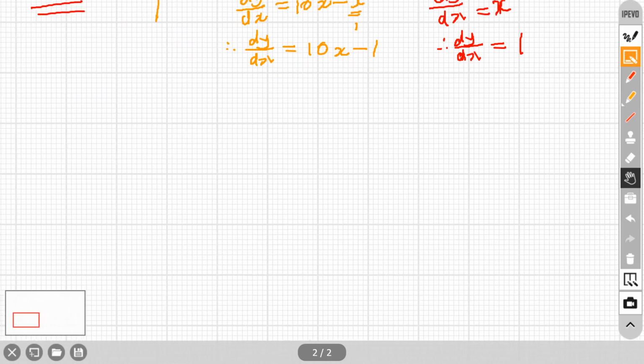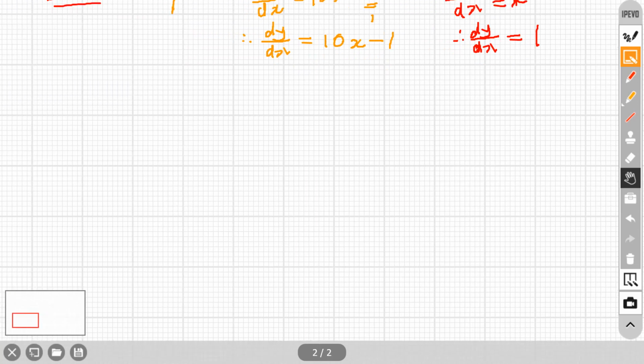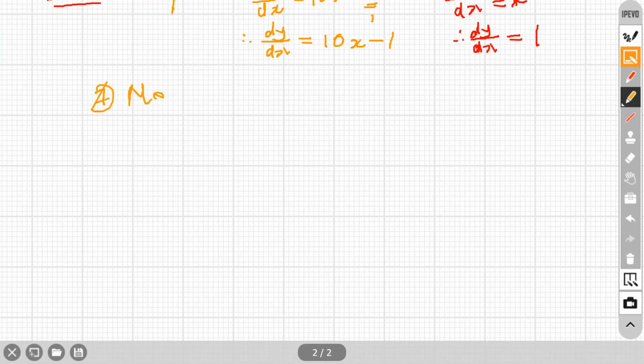So the last but not least, number 7, says no variable under a fraction line.